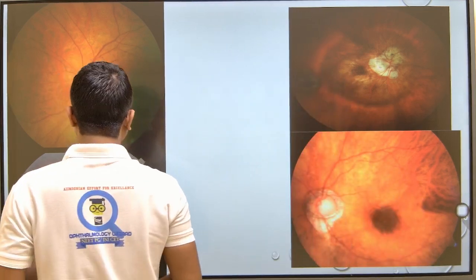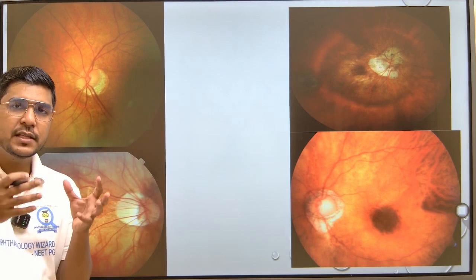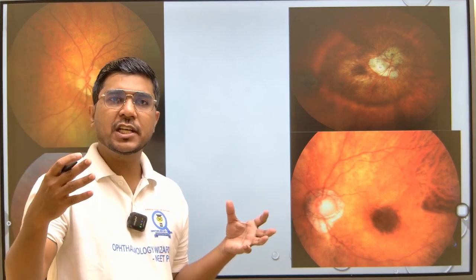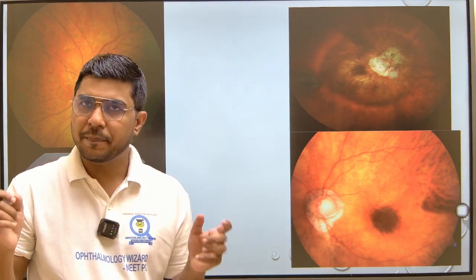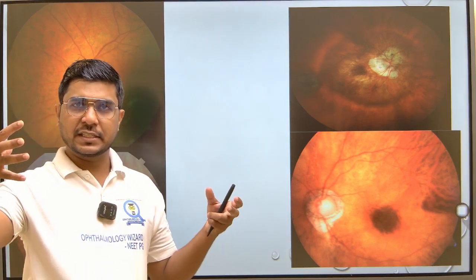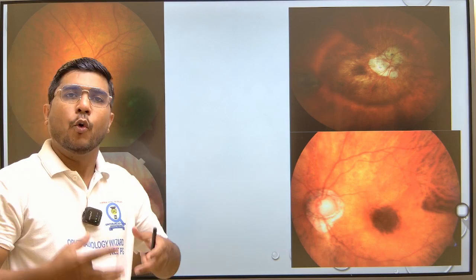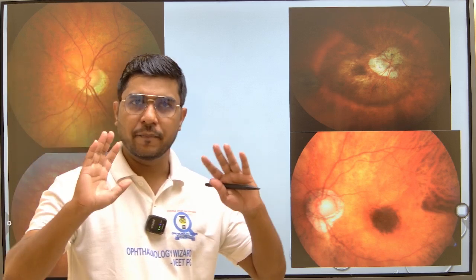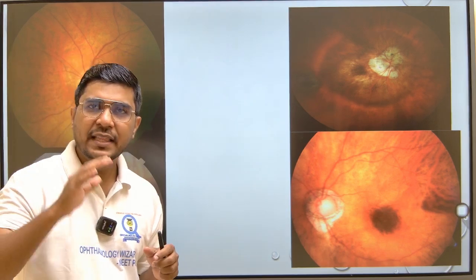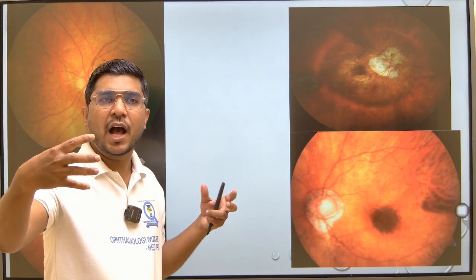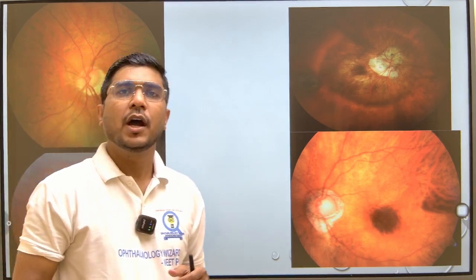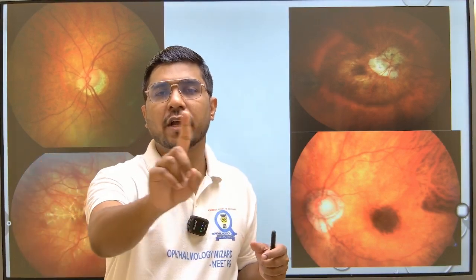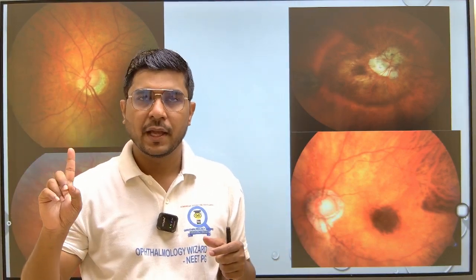What is happening when there is a high minus power in a myopic patient? The eyeball elongates like a balloon. When the balloon is overinflated, it becomes thin. Likewise, when there is a high minus power in a myopic patient, our eye also elongates, and because of the elongation, the retina becomes thin.